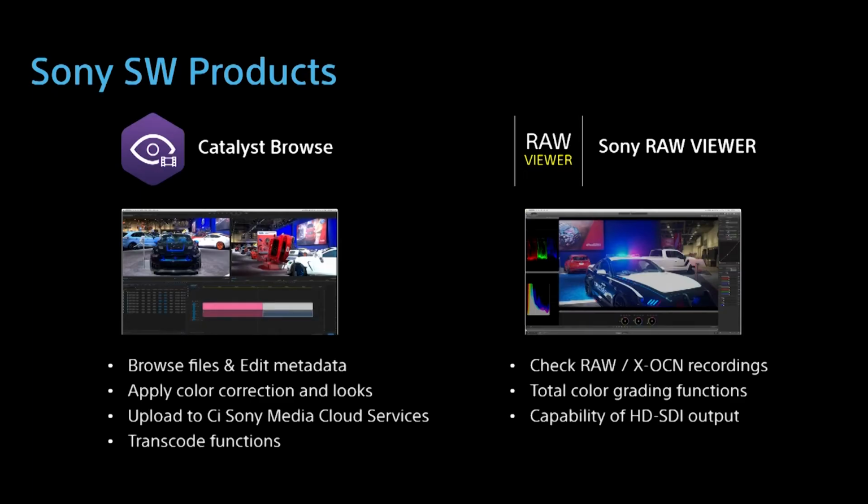Also, Sony has some software solutions which are very powerful, and one of them, the RAW viewer, is completely free of charge, and it's an incredible grading machine capable of handling the RAW and XOCN and transcoding and converting to any of the distribution HDR functions.